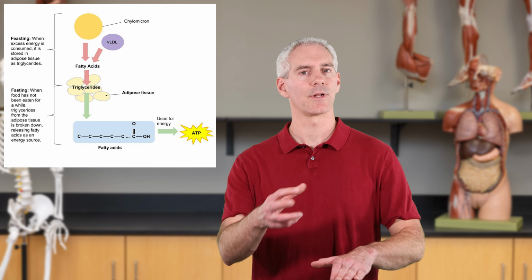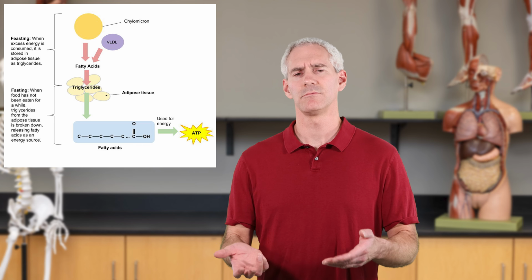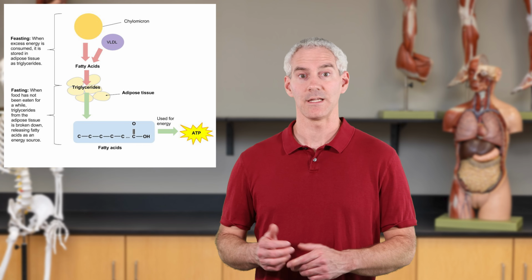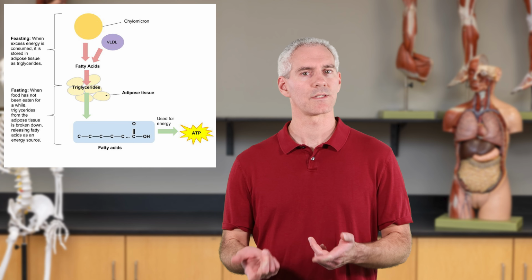Now, if you need it, the cells will use it as energy. But a lot of times, as long as you have enough glucose in the blood, you've got enough energy going on, that ends up putting a storage component then for the fatty acids. So it comes down to really what you're looking at there. Do you have enough energy or do you need it? Either way, it's being sent around the circulatory system to what cells need it.